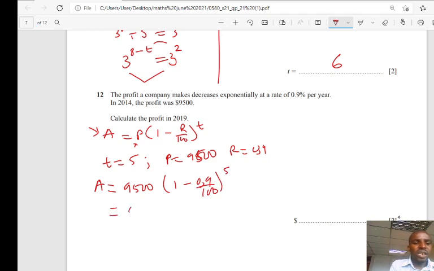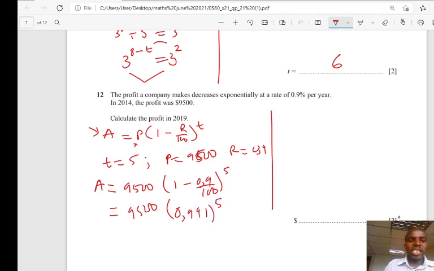It will be 9,500. Then 0.9 divided by 100 gives 0.009. Then from 1, you get 0.991. Inside here it will be 0.991 to the power 5.